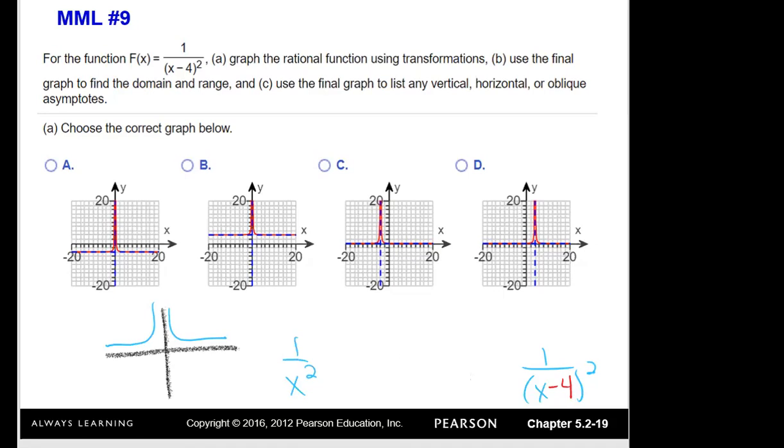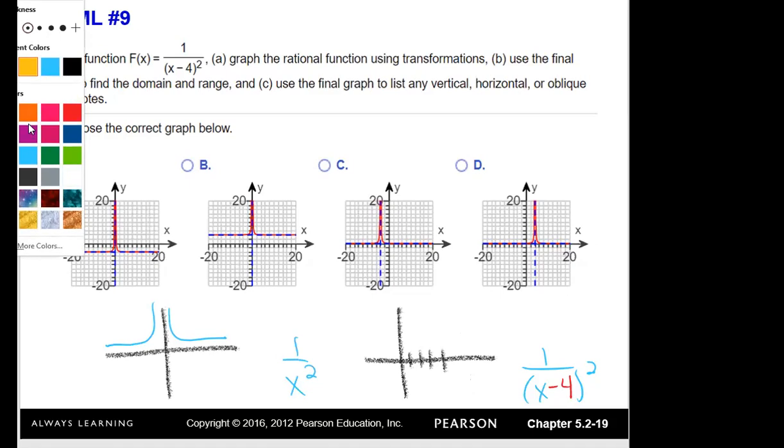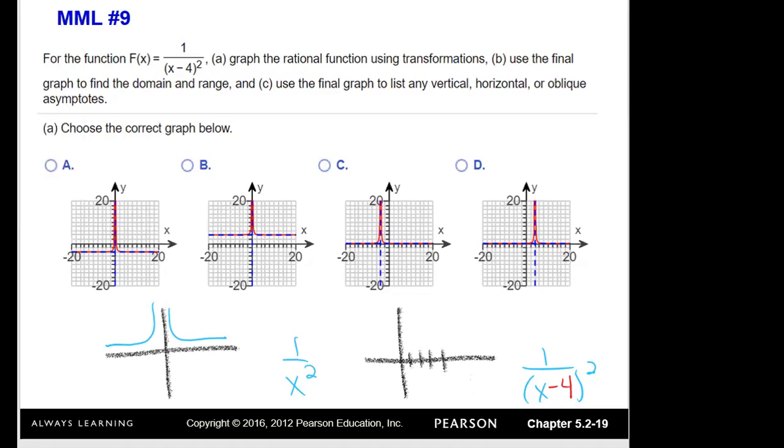So this thing's going to go over 1, 2, 3, 4, which means I now have a vertical asymptote right here. Instead of the y-axis, it's now that guy. And so now my graph looks like this.